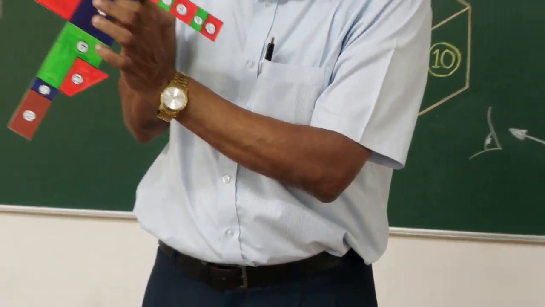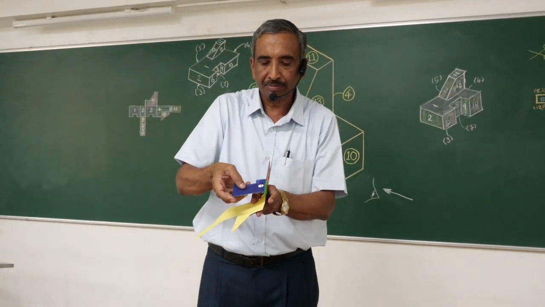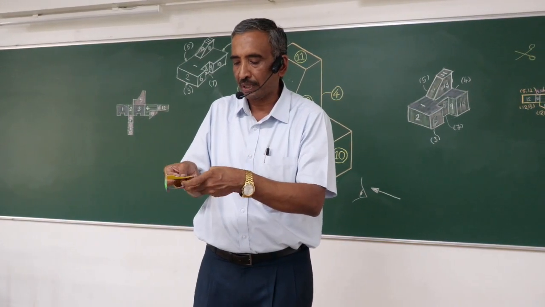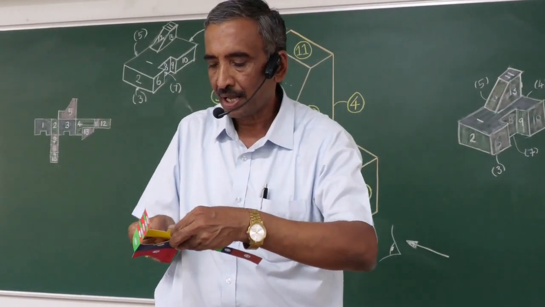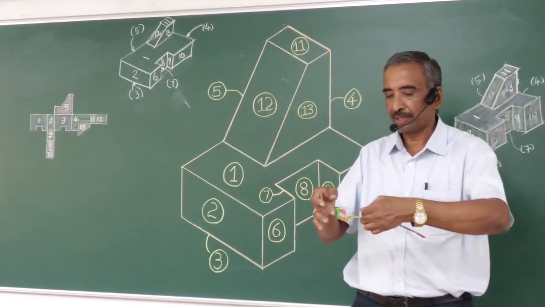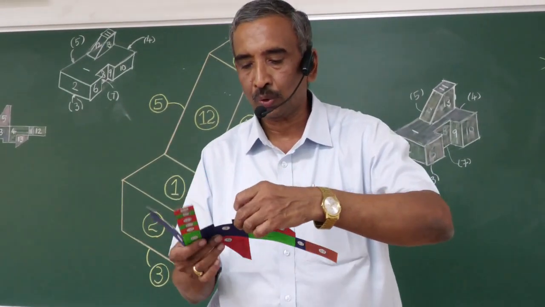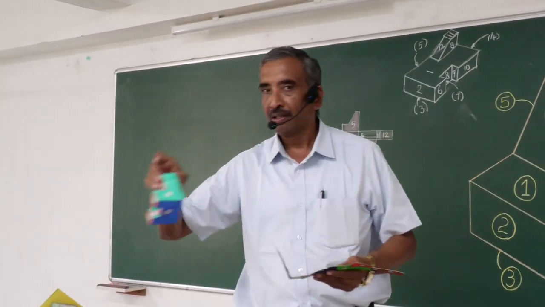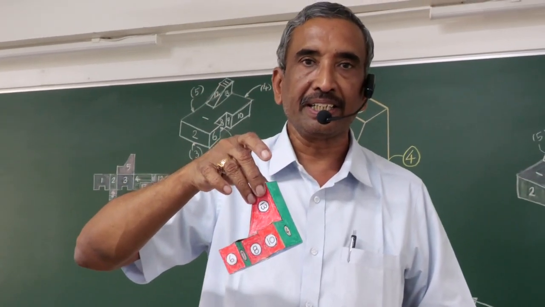Now you can see this face 3, face 2, and this is my face 1. This is how the model will be. Face 1, face 2, and face 3. Face 3 is my bottom and face 2 is on my left side, and this is my face 3. So how to do this bending, how to paste it and make a model of this type will be explained by Mr. Naveen Ganesh.